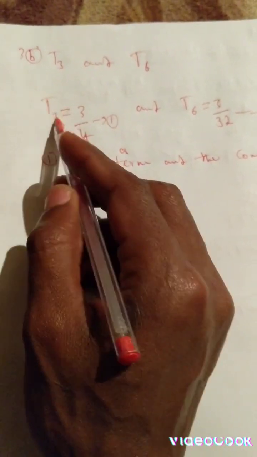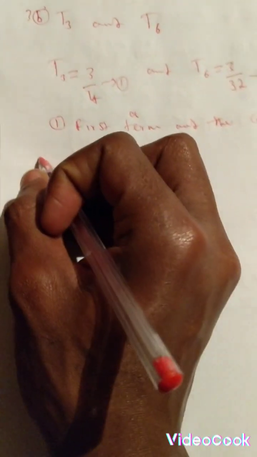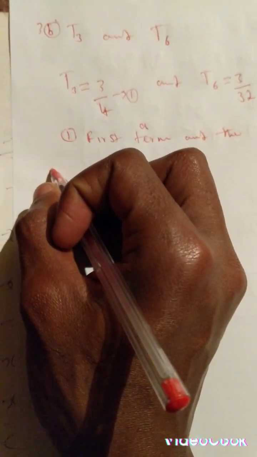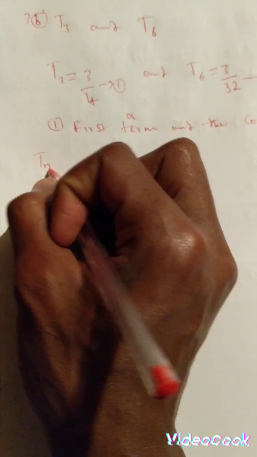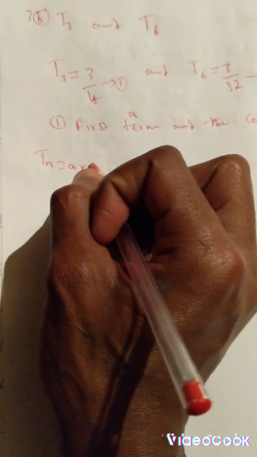We start with term 3. We introduce the formula of the nth term for GP. So we say the nth term is equal to a r to the power n minus 1.